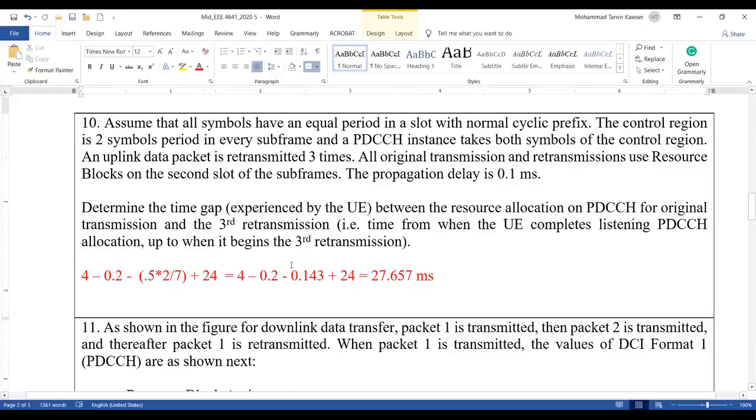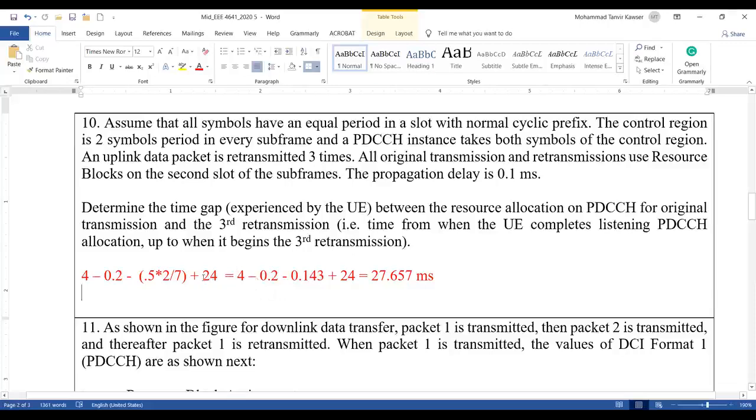Now we know that when you begin your first retransmission, you can add another 8 milliseconds to find out when you begin your second retransmission, and then third. In fact, the first retransmission is also 8 milliseconds away from the original transmission.